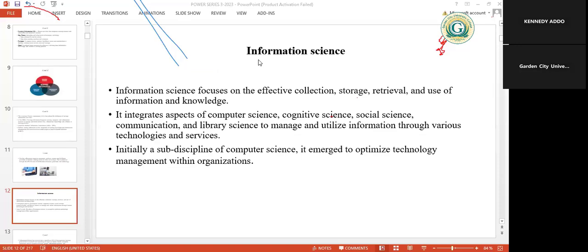So let me just ask you, how do we collect data using electronic health records or any technology? How do we advance data collection through technology? How do we store patient information using the computer or technology? How do we also retrieve patient information? How do we share information among care providers?